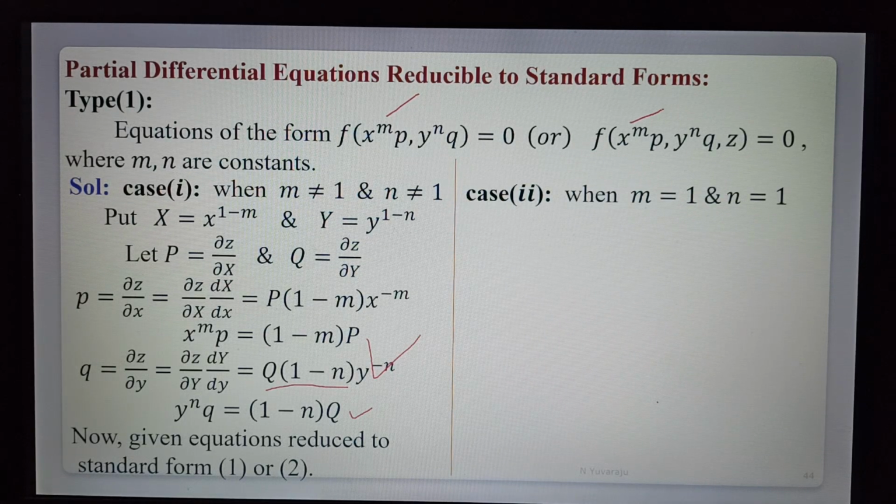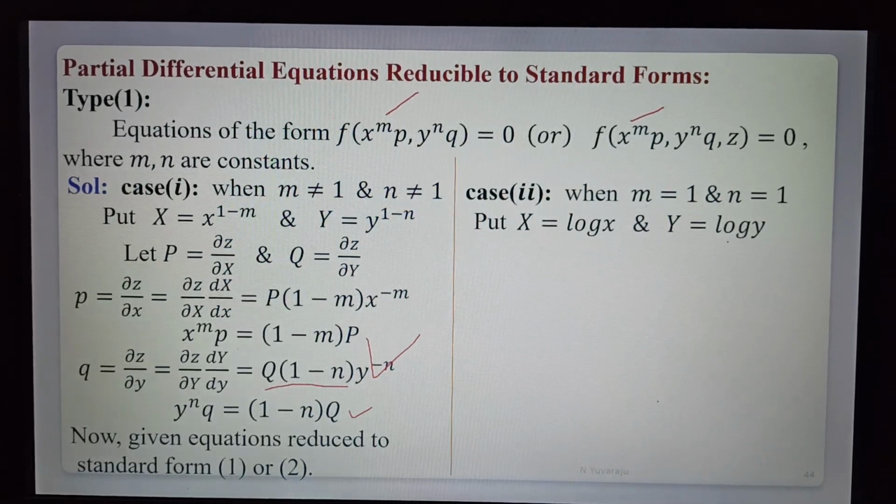Similarly, case 2 is where m is equal to 1 and n is equal to 1. Then we substitute capital X is equal to log x and capital Y is equal to log y.